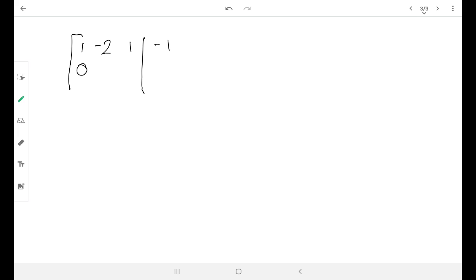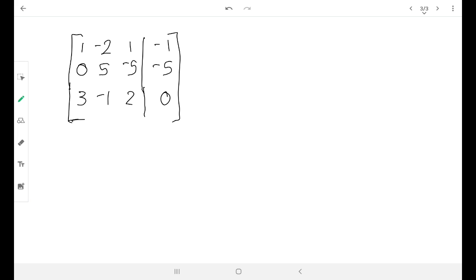And then I've got the new row 2: 0, 5, negative 5, negative 5. And then my row 3 stayed the same: 3, negative 1, 2, and 0. So there's my new matrix.